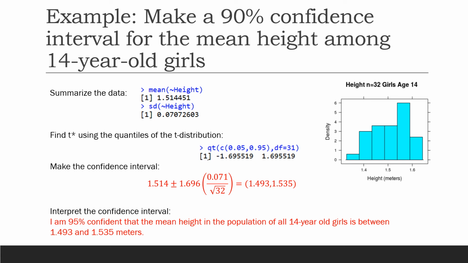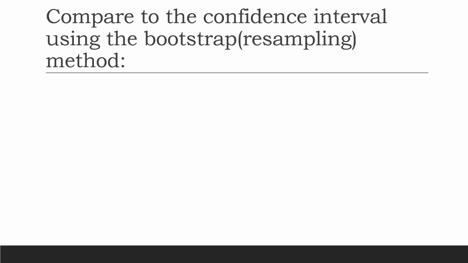Now, I just want to compare the confidence interval we made using this t-distribution method to what might have happened if we had used our old resampling distribution or bootstrap method. So remember that our 90% confidence interval based on the t-distribution went from 1.493 up to 1.535.